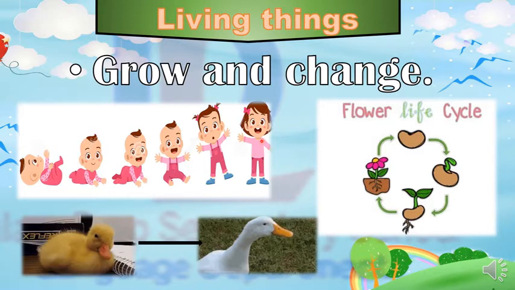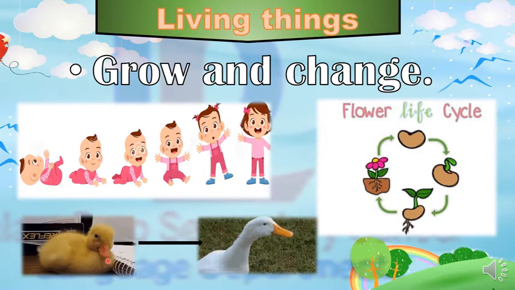It's the same for people. So people are living things and can grow and change. We were a baby and became an adult. And also the plant. The plant was first a seed, then grows and changes to be a flower.